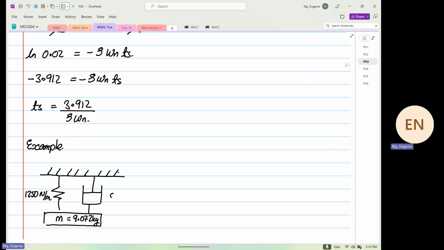And our C, or our damper, is equal to 200 Newton second per meter. We are given boundary conditions: when time is equal to 0, x is equal to positive 0.15 meter, and we will declare that x positive is going down this way. And when time is equal to 0, x dot is equal to 0 meters per second.